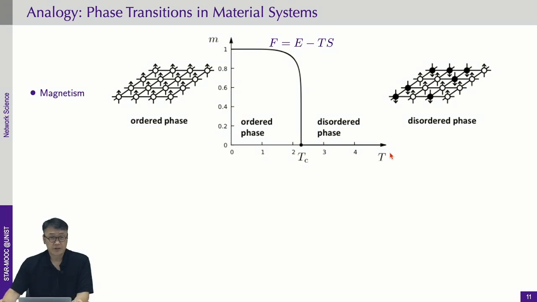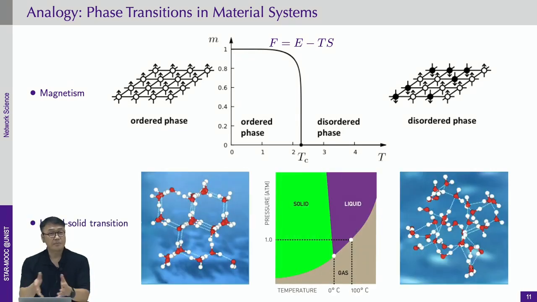As we lower the temperature, the entropic contribution becomes less and less important. As you see here in this expression, at low temperatures, the contribution of entropy becomes less and less important, and the spins start to align to reduce the total interaction energy, which ends up with the perfect alignment like this here.